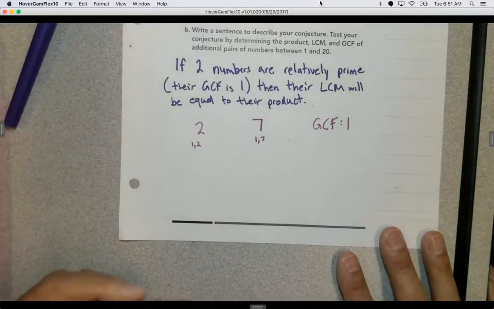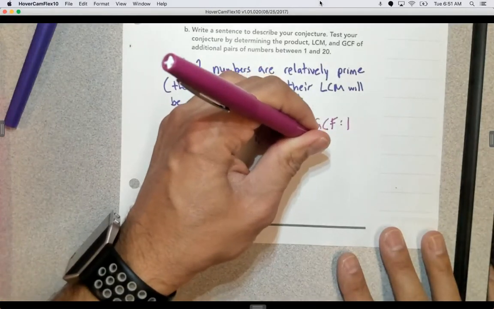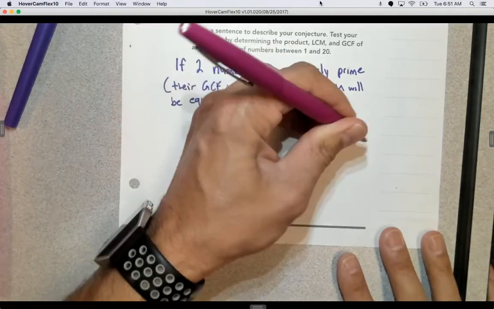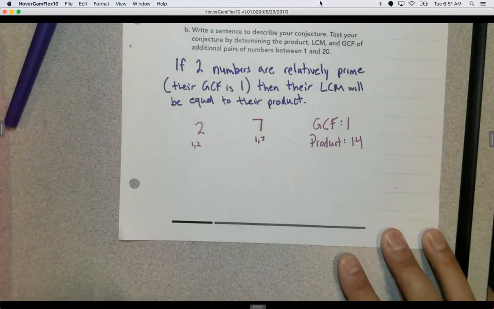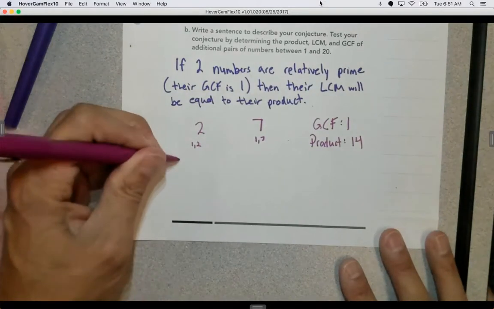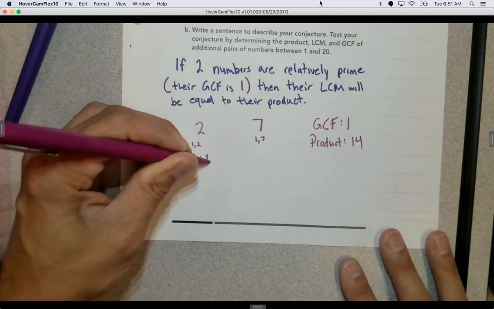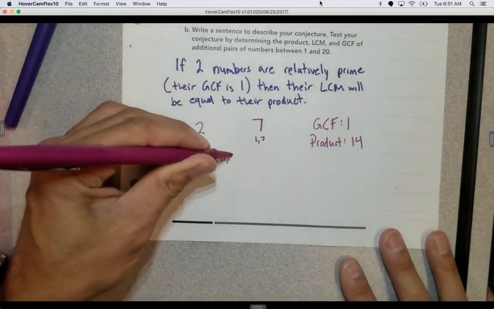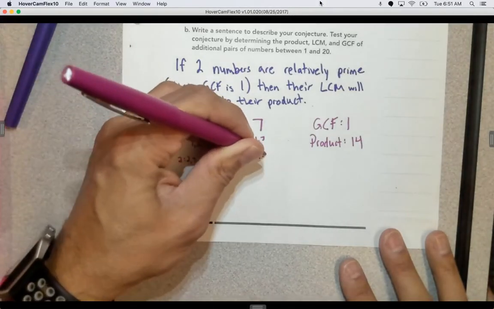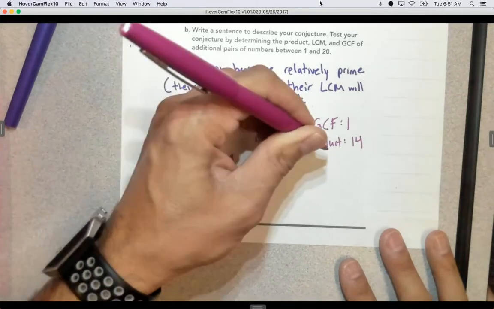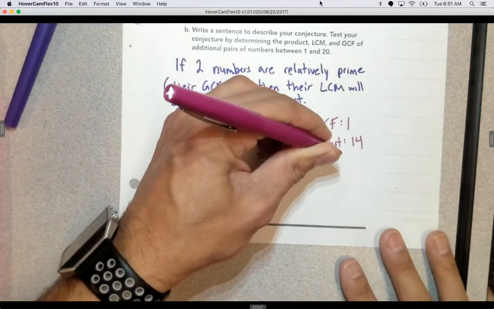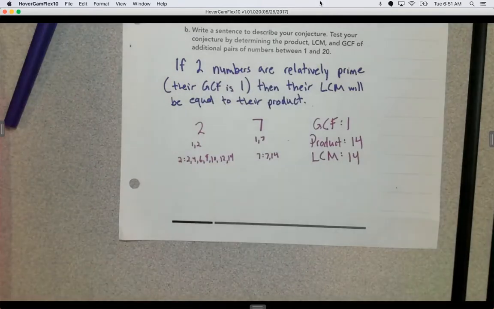I do know that its product is going to be 14. 2 times 7 is 14. I do know that if I list the multiples of 2, 4, 6, 8, 10, 12, 14, I do know that the LCM is going to be 14 as well. Okay, so that partially proves it.